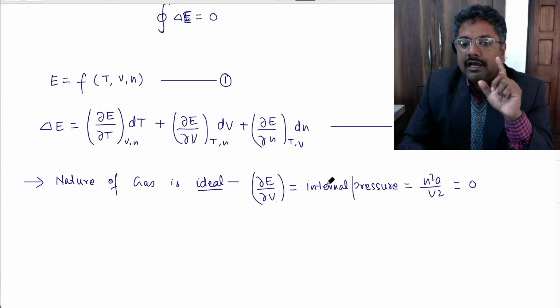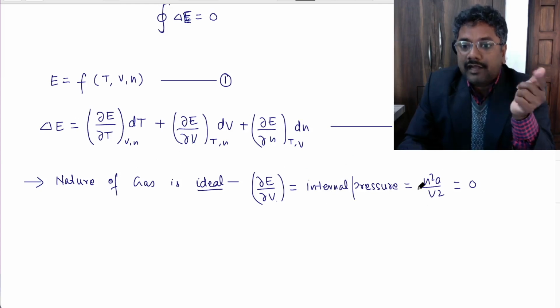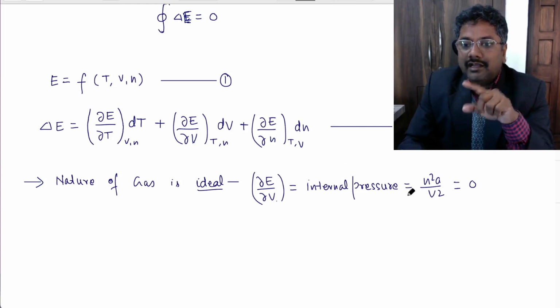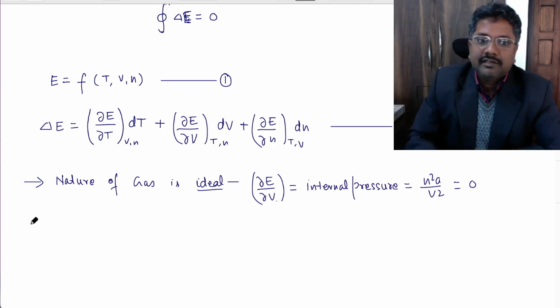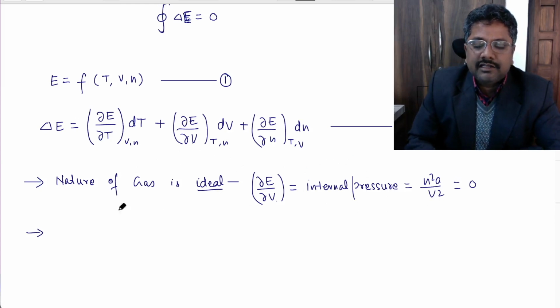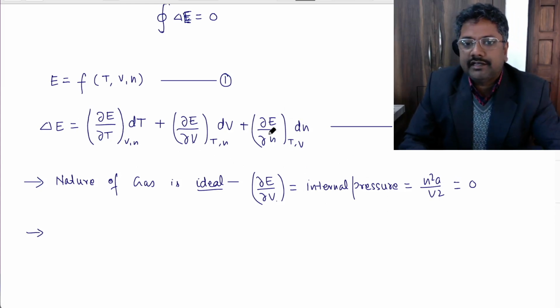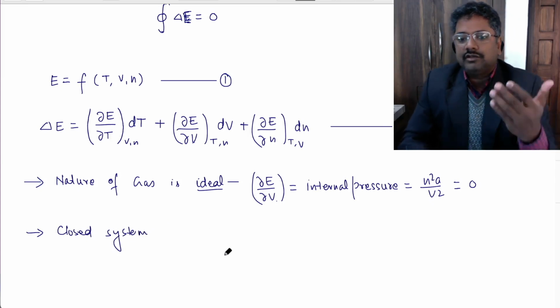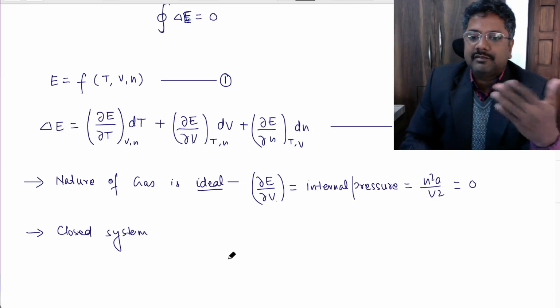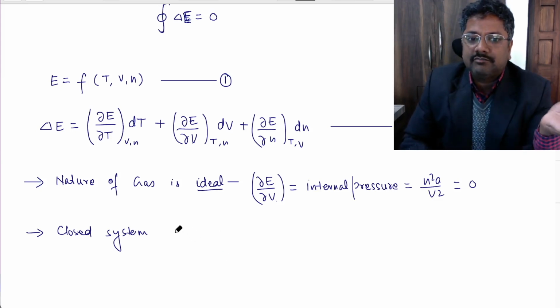Right? And if you want to calculate the change in internal energy for a real gas, in place of this you can put this and integrate and get the change in volume. Second restriction I am imposing here: for a closed system, there is no exchange of mass between system and surrounding, meaning there is no change in the number of moles.